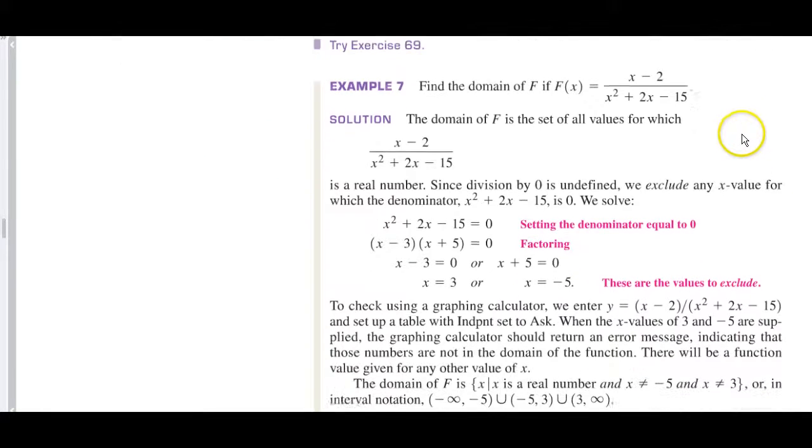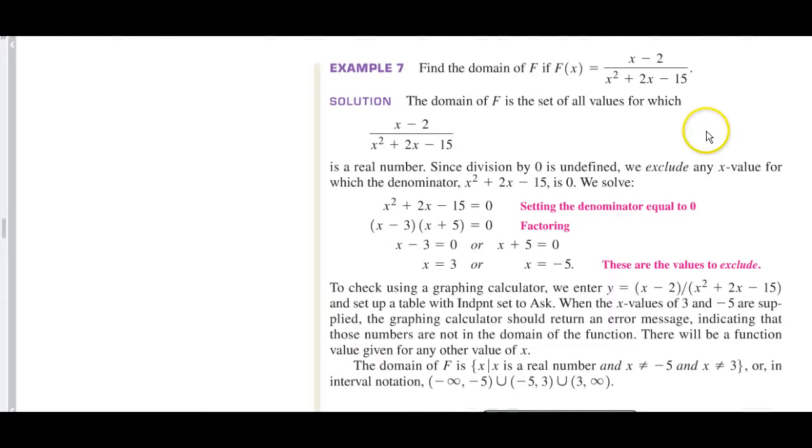Okay, another little twist they give us is finding the domain. Now, when we are looking for the domain of something, we want to find those values of x that make our denominator a 0, because we have to exclude those. So all we do, just dealing with the denominator, we equal the denominator to 0, factor it, 5 and 3, this is going to be a plus, that's going to be a negative.